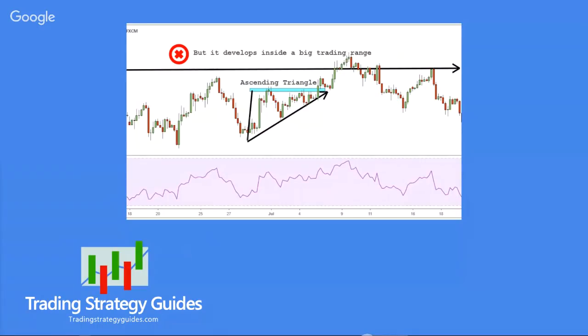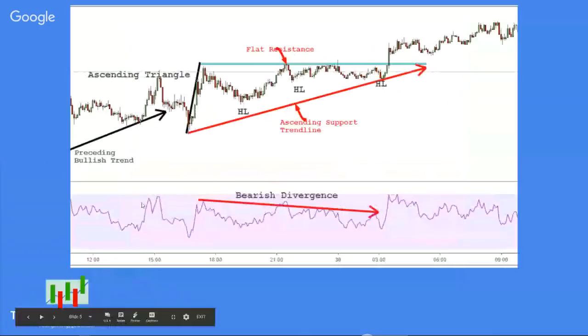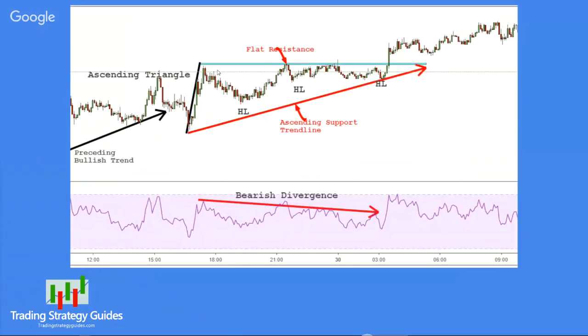Looking for a setup with a nice incoming trend. Here's an example of a really nice setup. Incoming trend, nice flat top, higher lows, and then a breakout to the upside. Now, it's always good to confirm.